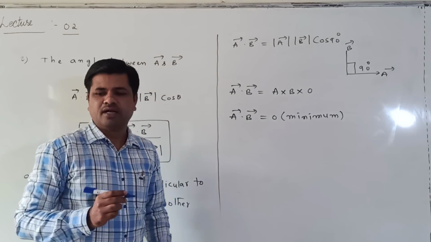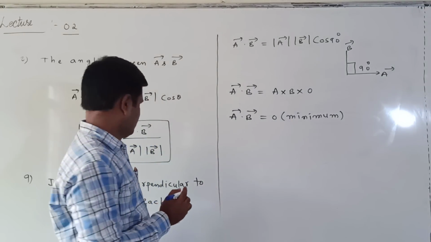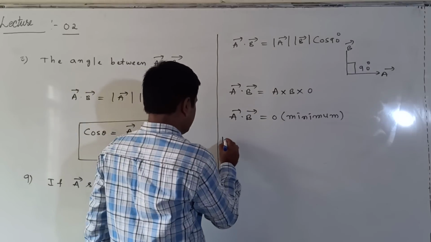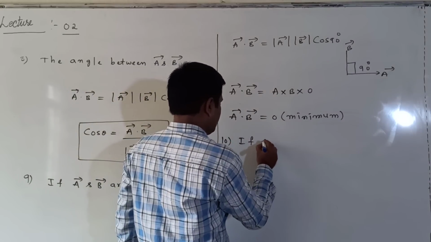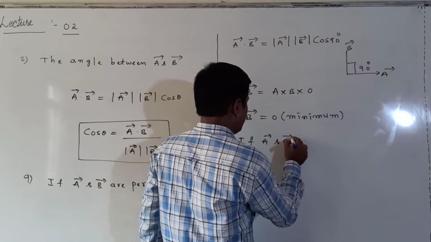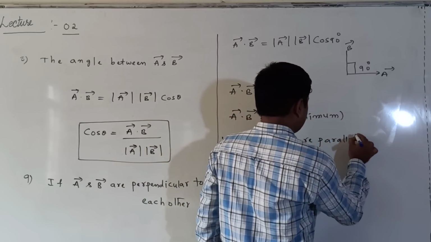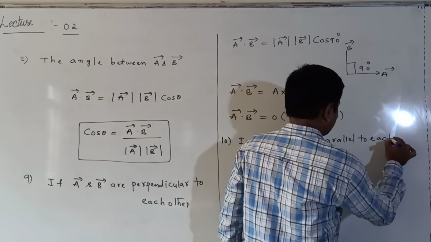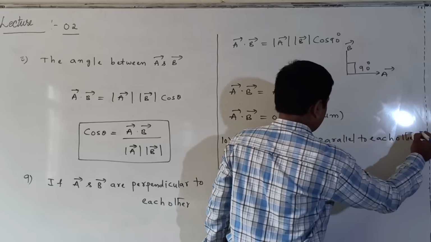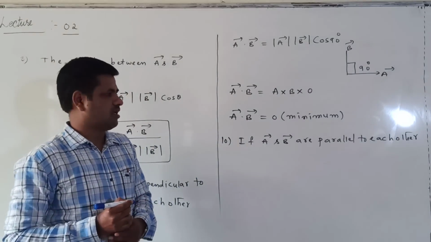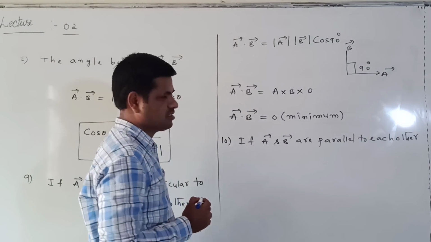Next, another case we are discussing. The 10th property: if A bar and B bar are parallel to each other.